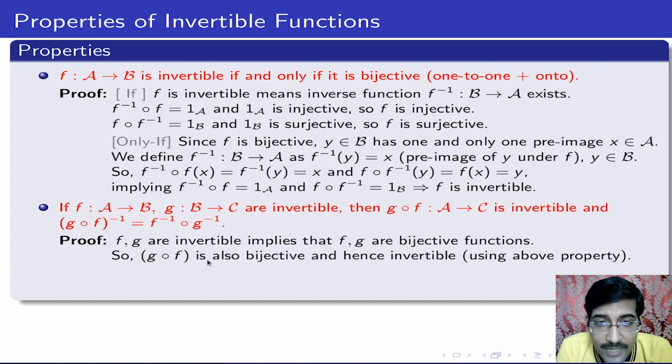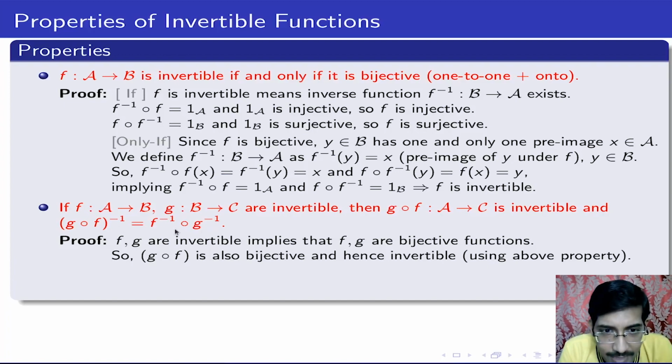Again we rely on the previous theorem, the backside part: if something is bijective, then it is invertible. So we started from invertibility, showed that they individually are bijective, used an earlier theorem to prove that the composition is bijective, then used the theorem just before to prove that it is invertible.